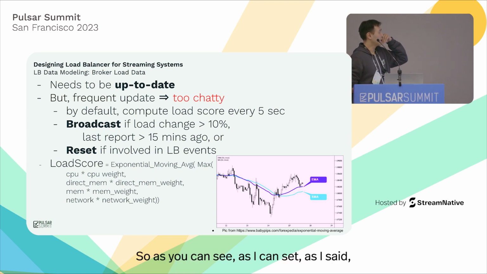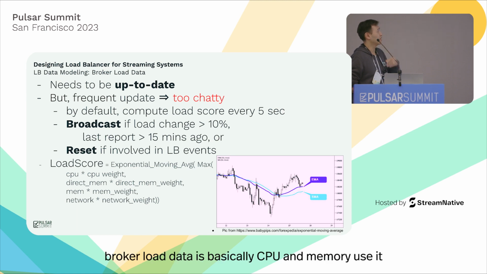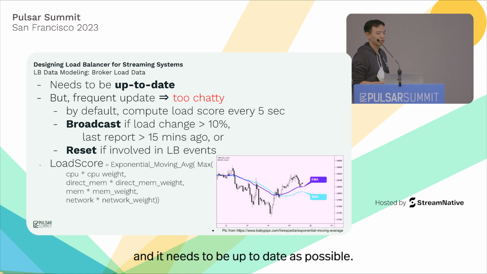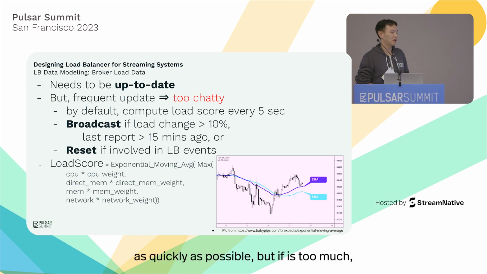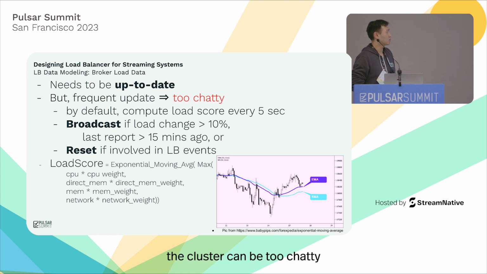As I said, broker load data is basically CPU and memory usage, and it needs to be as up to date as possible. So we want to update it as frequently as possible, but if it's too much, the cluster can be too chatty.